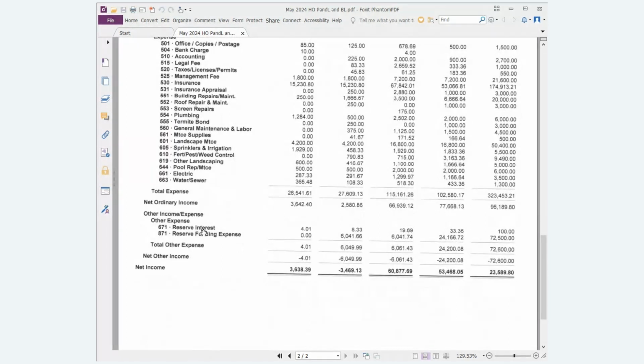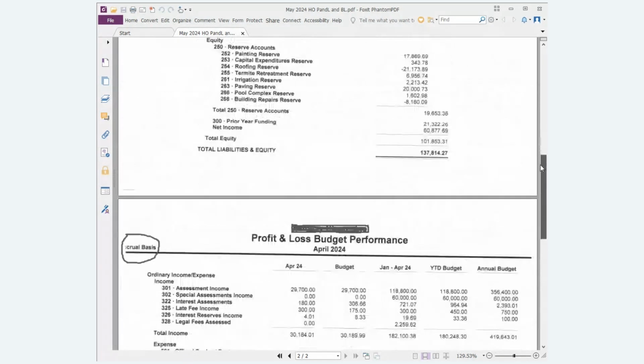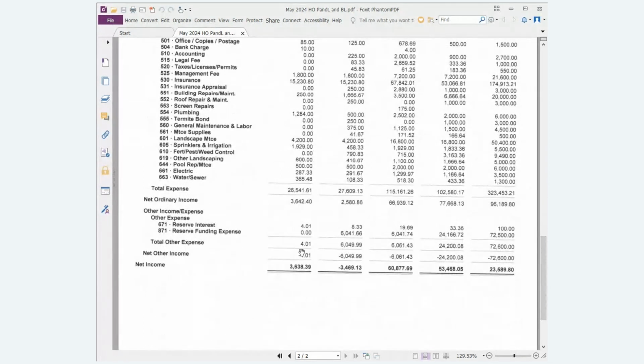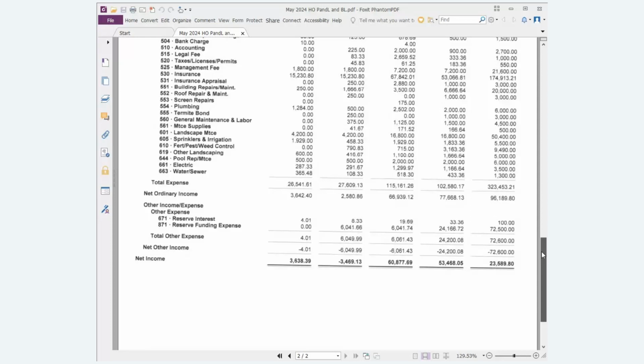Because they've included the reserve income in this report up here, you can see this number, the $4.01. It's got to be taken out over here. The reason they do this is because they do not produce a reserve fund summary, so it's put on this to show what the figure is.